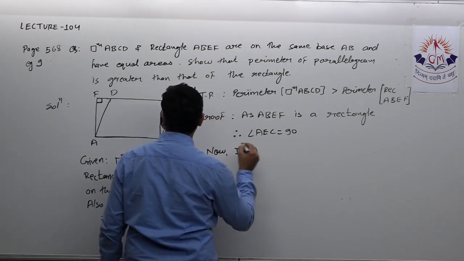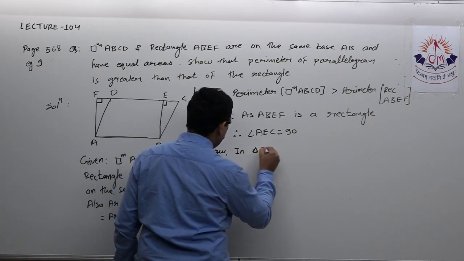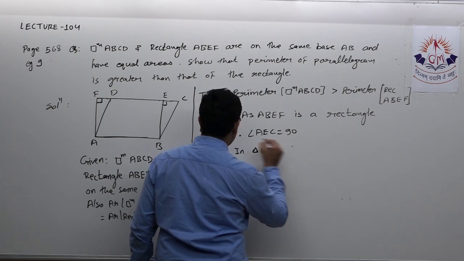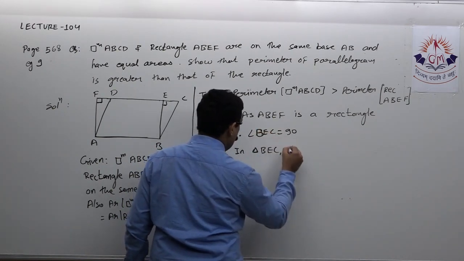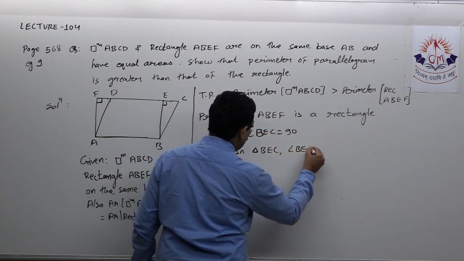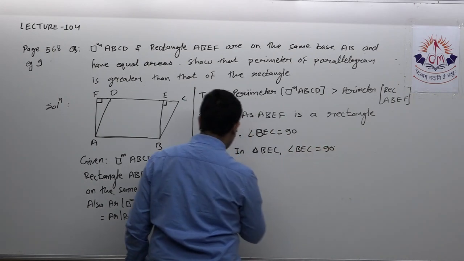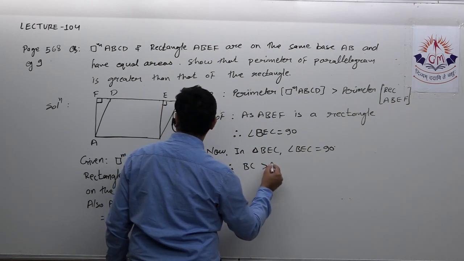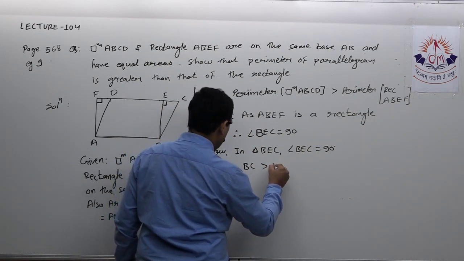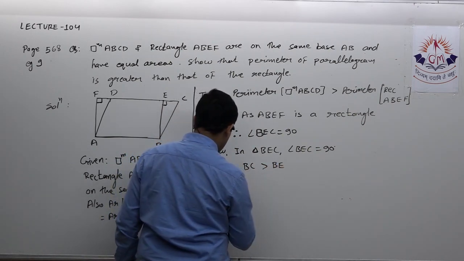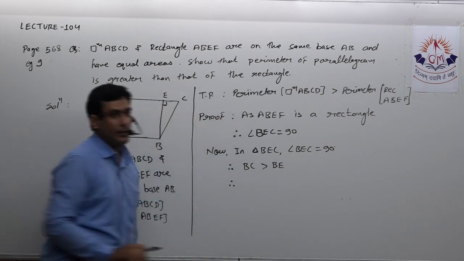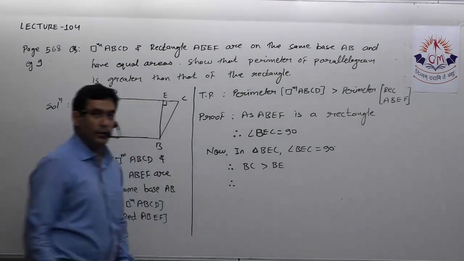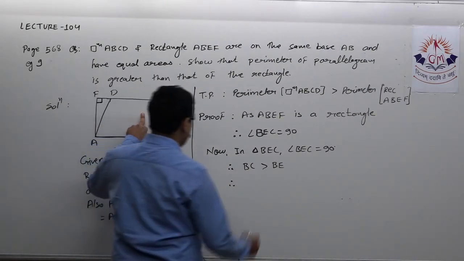In triangle BEC, angle BEC is equal to 90 degrees. Therefore, I can say BC is greater than BE. In a right angle triangle, the hypotenuse is the longest side. So BC is greater than BE.